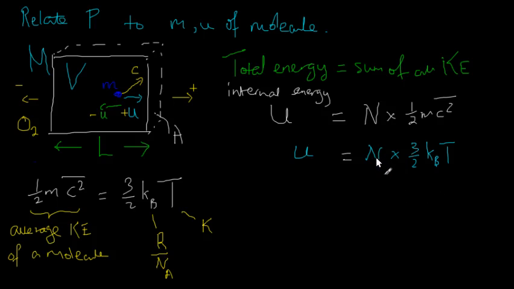Now we can simplify this a little bit. If you recall how we obtained the Boltzmann constant, let me write it out: the Boltzmann constant kB is actually the gas constant divided by the Avogadro constant.